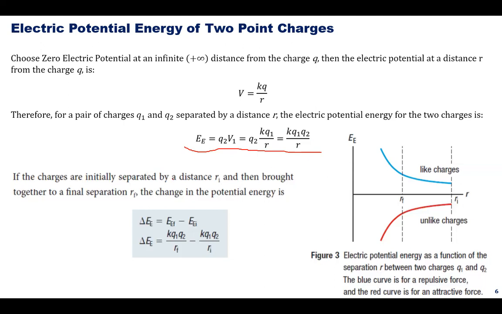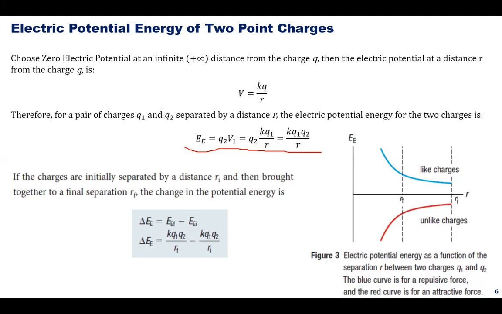This is in accordance with our previous discussion, right? So this is qualitatively similar to the equation for Coulomb's law, except that EE varies as 1 over r, not 1 over r squared.